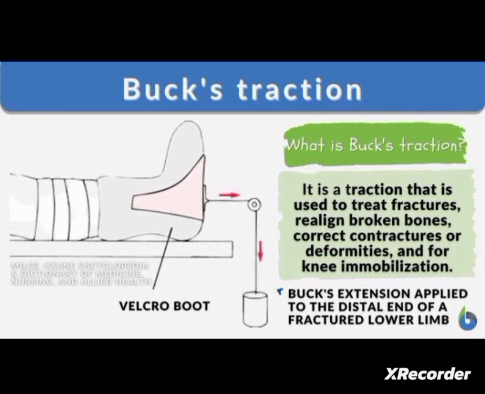Here the pulling force is done by pulleys, usually giving 2.5 to 3.5 kg of weight per leg. Buck's extension traction is commonly used as preoperative traction, especially for hip fractures, for pulling contracted muscles, and for relief of leg or back muscle spasm.